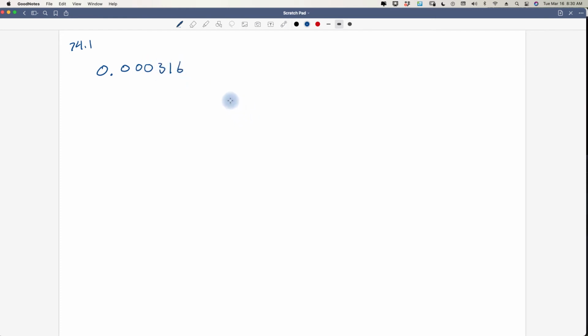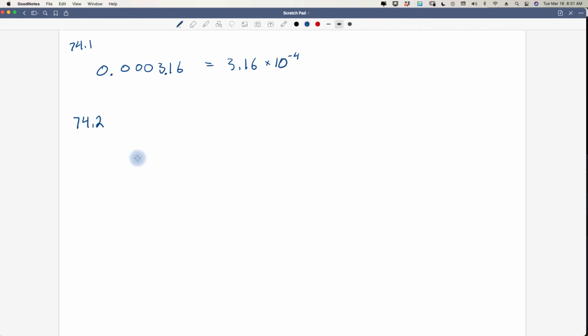We need to write that in scientific notation. Okay, so we know we want to put the decimal point here. So that's going to be 3.16 times 10, and we're going to count 1, 2, 3, 4. Negative 4, because this number has to get smaller, so it needs to be negative. Easy peasy, right? That's all that is.